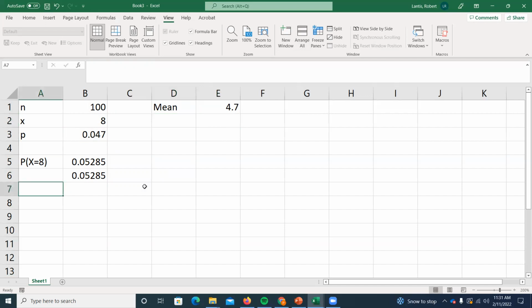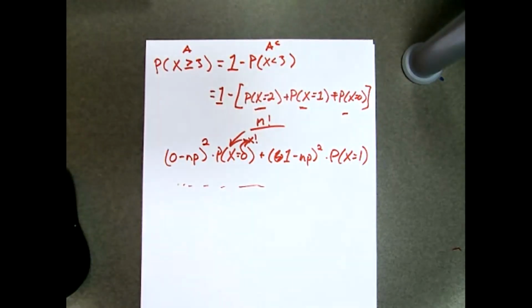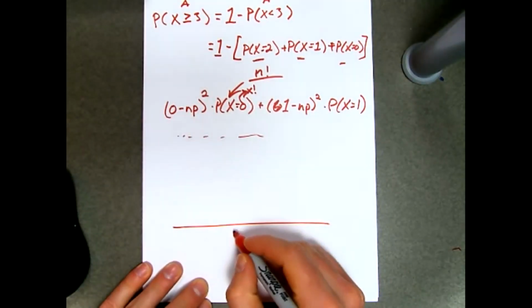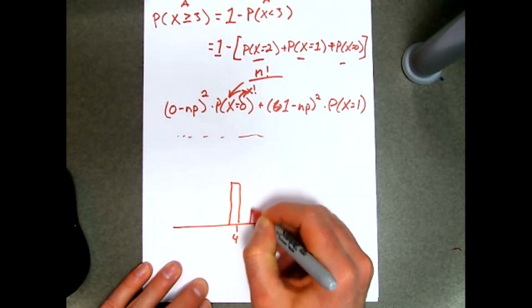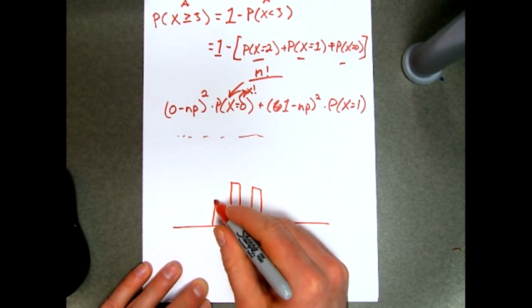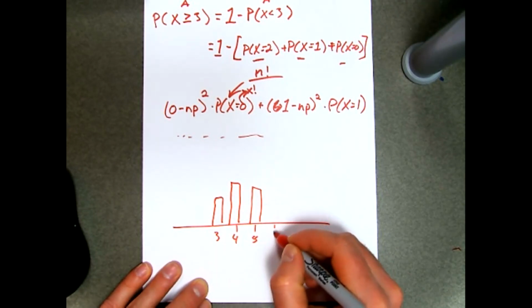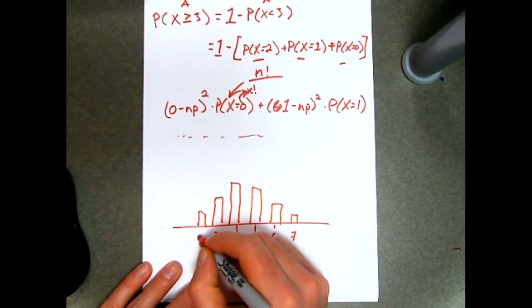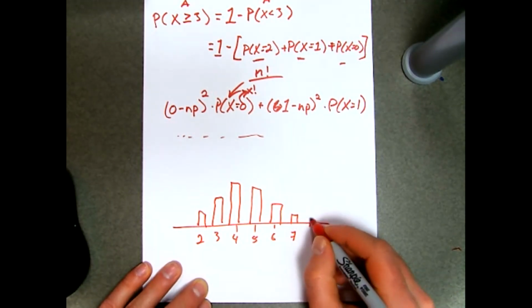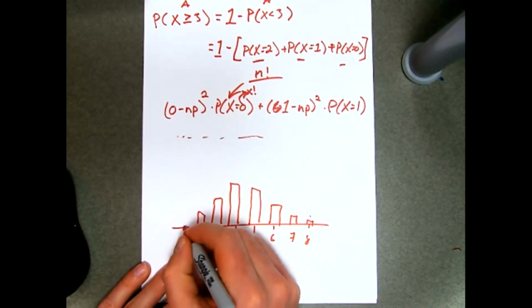Right? But let's say I want to find the probability that X is less than or equal to 8. Well, if I know that the most likely outcomes are around that mean of 4.7, so 4 and 5 are the most likely outcomes. Next most likely would be 3 and 6. Next most likely would be 2 and 7. Next most likely would be 8 and 1.